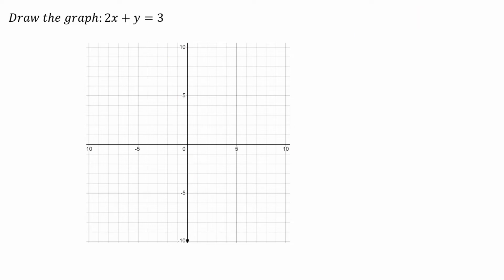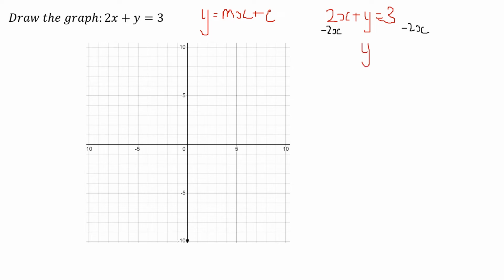So the next example, we've got 2x plus y is equal to 3. So I'm just going to write it over here so I can rearrange it. So we are looking for the form y equals mx plus c. It's currently not in that form, but I could take away 2x from both sides to make y the subject. So I'm just going to add below.